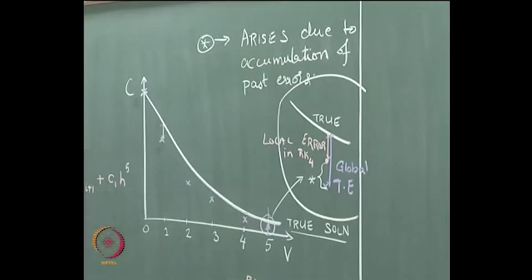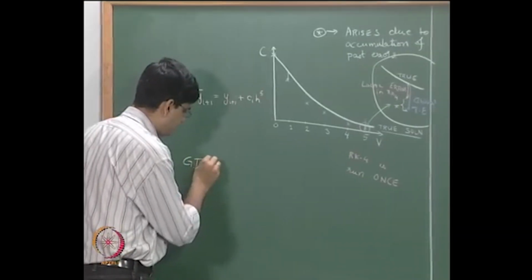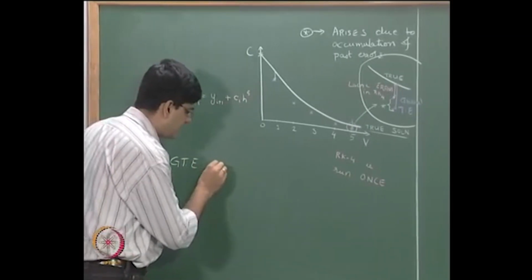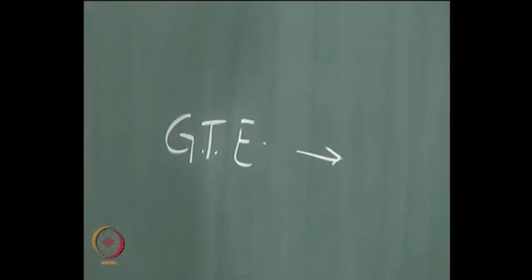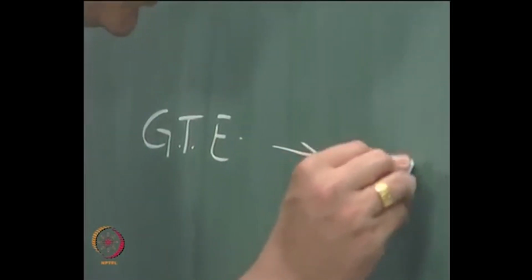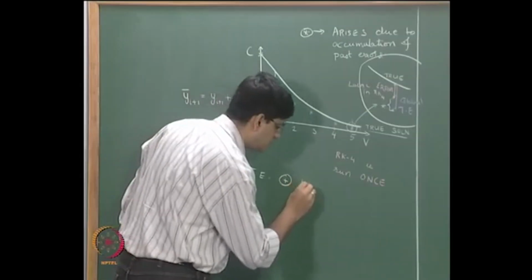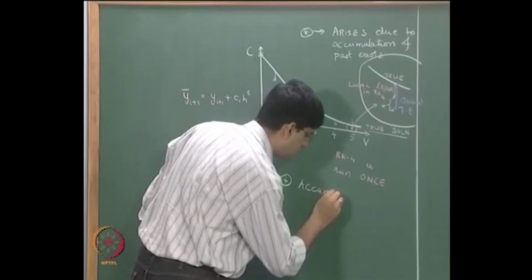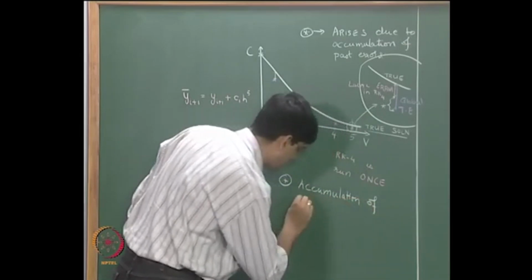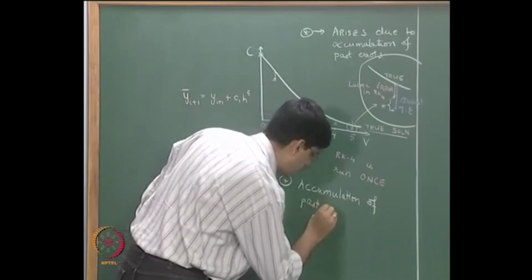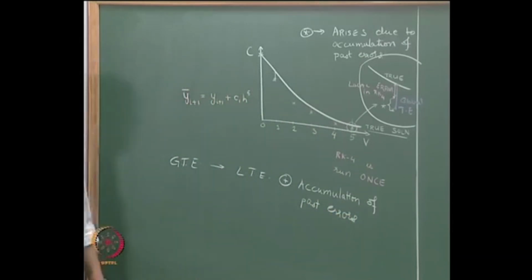So the global truncation error, we can say, is going to be some kind of a combination of the local truncation error plus accumulation of past errors.